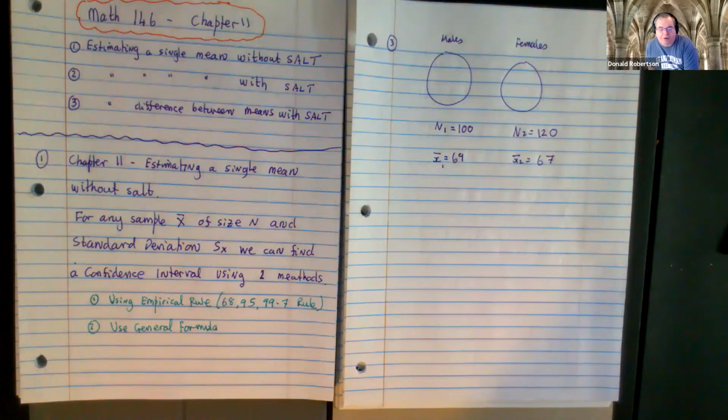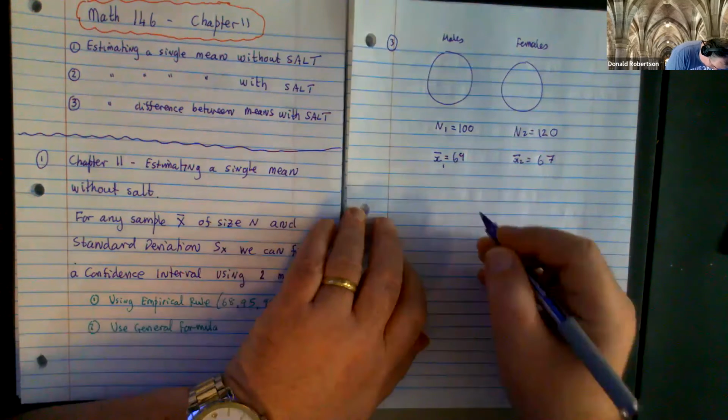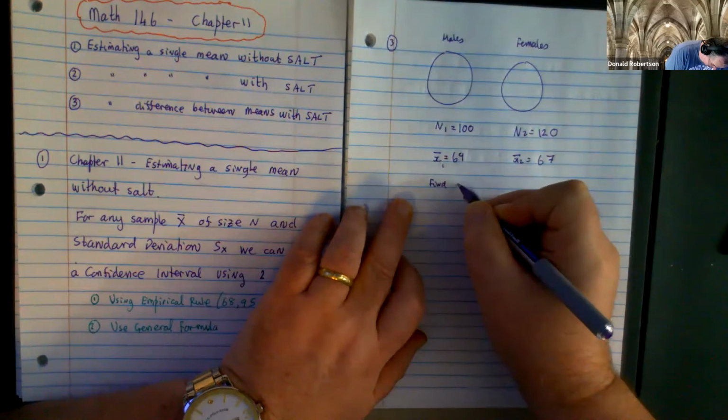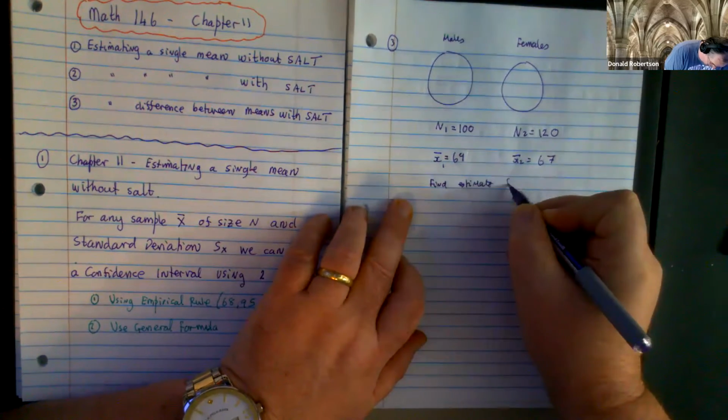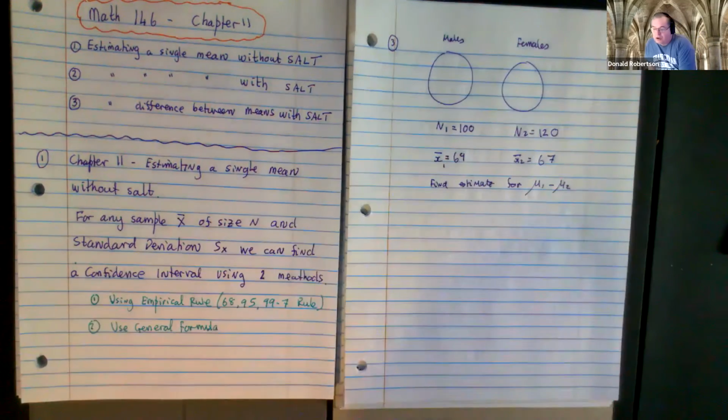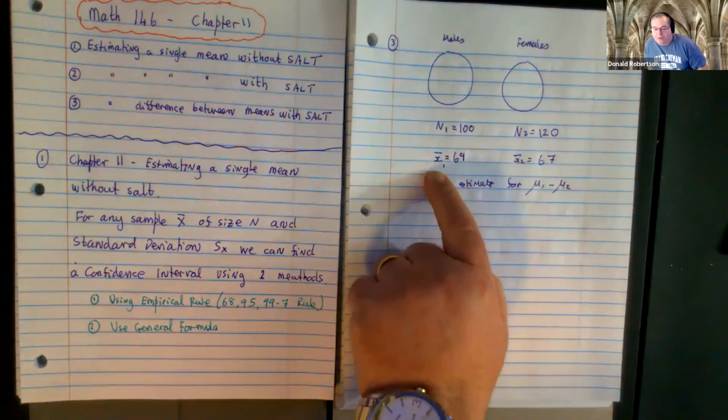And the way we prove it is we have to combine the data in some way. The typical way of doing it is that we find an estimate for the difference in the population means, right? We're not interested in whether these samples are bigger than the other, because that's obvious, right?